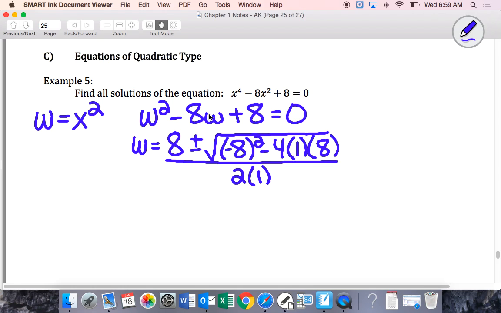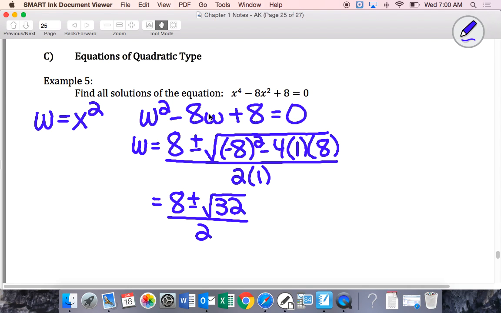So we want to simplify inside of our radical. When I type it into my calculator, we get 8 plus or minus the square root of 32, all over 2.